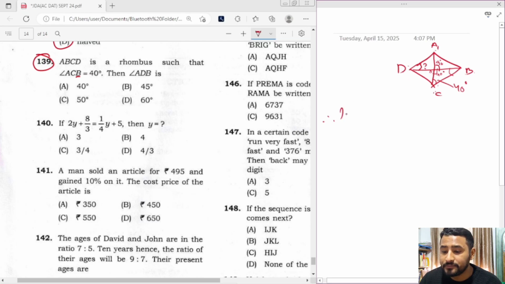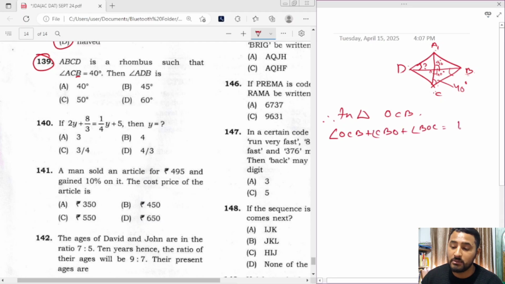Let us take triangle OCB, because we know BOC is 90 degrees and OCB is 40 degrees. So we can write angle OCB plus CBO plus BOC. The sum of all the angles of a triangle is how much? It is 180 degrees. You should remember. So put the values. Angle OCB is 40 degrees, plus CBO, we don't know, that's what we need to find, plus angle BOC is 90 degrees, equal to 180 degrees, right?